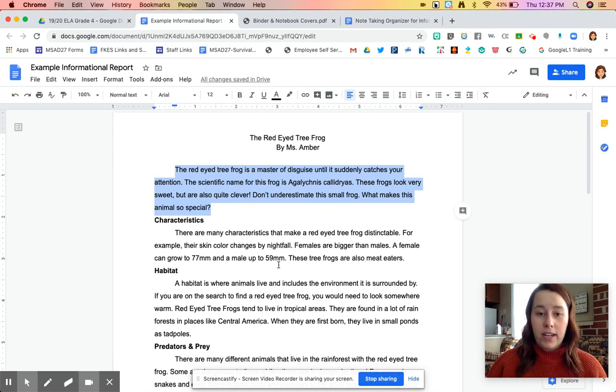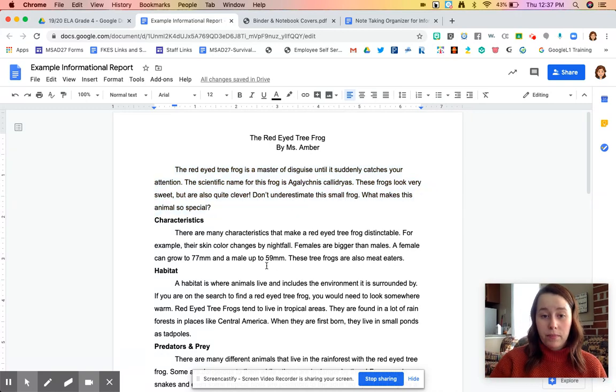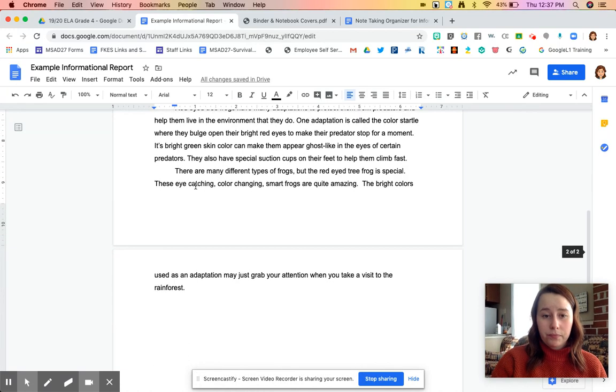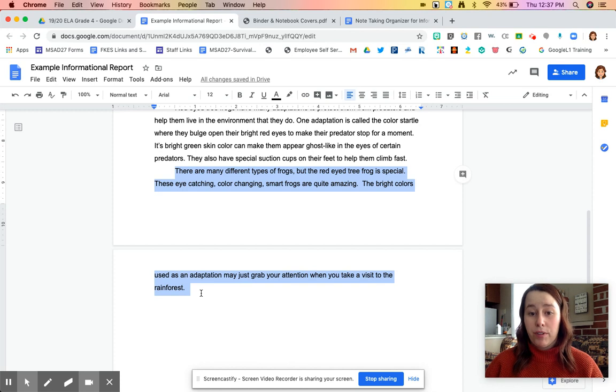The scientific name for this frog is Agalychnis callidryas. These frogs look very sweet, but are also quite clever. Don't underestimate this small frog. What makes this animal so special? That's my introduction paragraph.